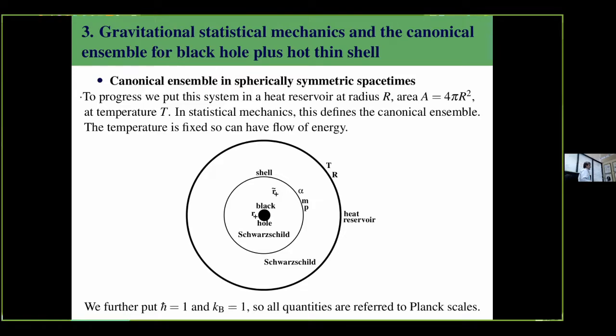And in statistical mechanics, which you of course have done in the course, this defines the canonical ensemble. So in the canonical ensemble, temperature is fixed and energy can flow through these walls.